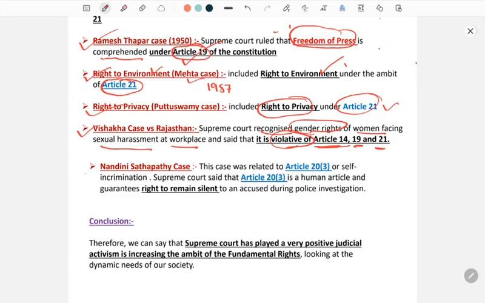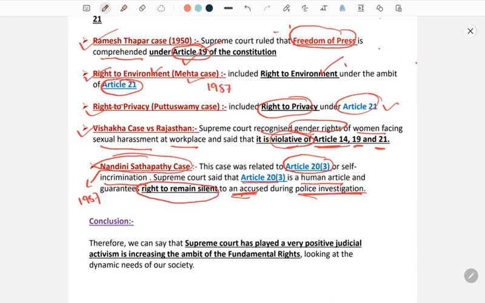Another case, also in 1987, is the Nandini Satpathy case. It was a very famous case, related to Article 20 clause 3, or self-incrimination. Here the Supreme Court said Article 20 is a human article, and it also guarantees the right to remain silent to an accused during police investigation.